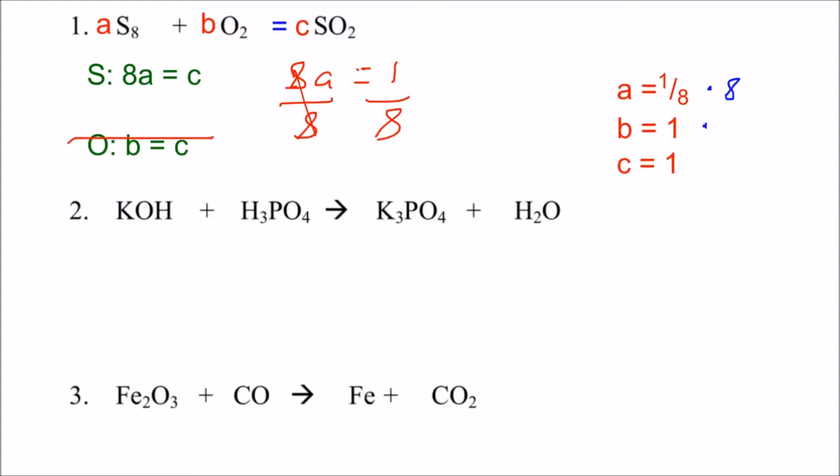So we multiply each of these by 8. So here, 1 times 8 is 8. Again, 1 times 8 is 8. And here, the 8's cancel out and leave a 1 behind. So that's our final answer then. These are the coefficients. So we're going to go back up to our equation here and put them in.